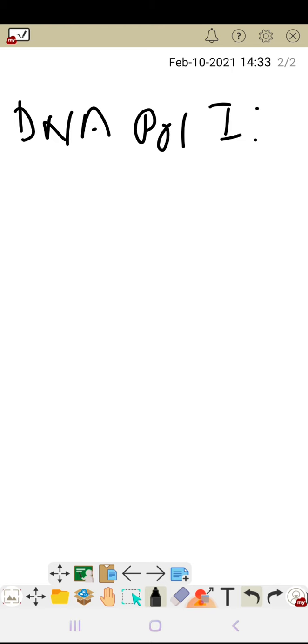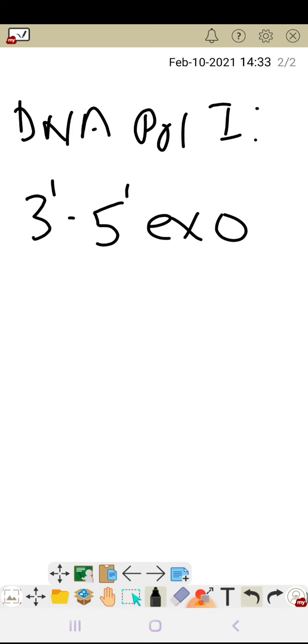So it's very important to know the properties of these enzymes. The first one is DNA polymerase I, and the properties are: it has 3' to 5' exonuclease activity. I will tell you what exonuclease is and what polymerase is. First, just know the properties.